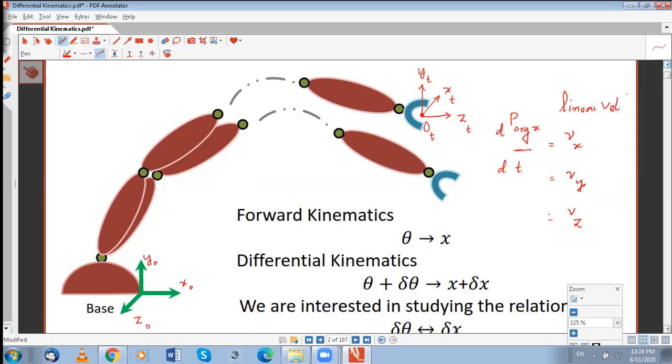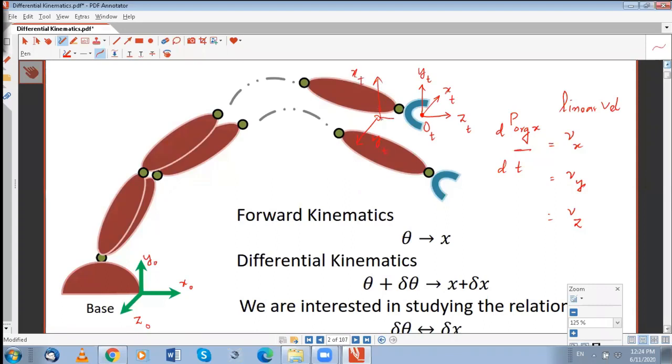Similarly, look at how this frame changes its orientation about this x. For example, it was here, but in order to do a certain job, this frame rotated. Let's say it rotated 90 degrees about the x of the base. Then this y will point towards you, and that x will then point upward, because now it's pointing into the page.